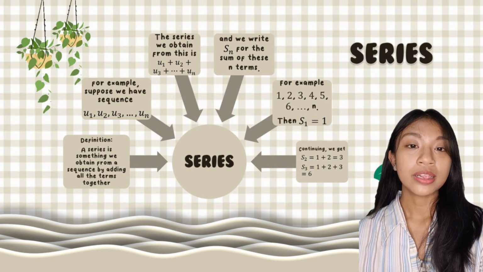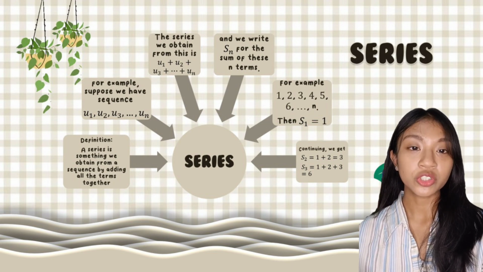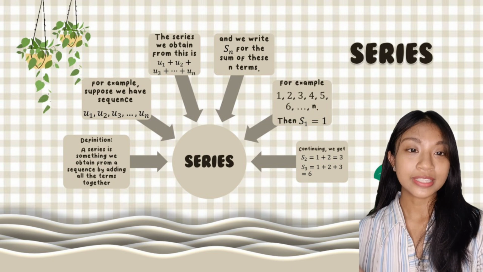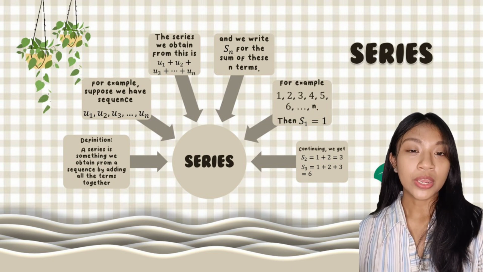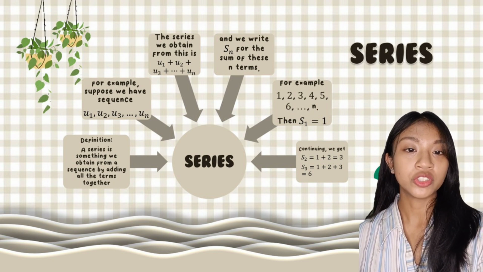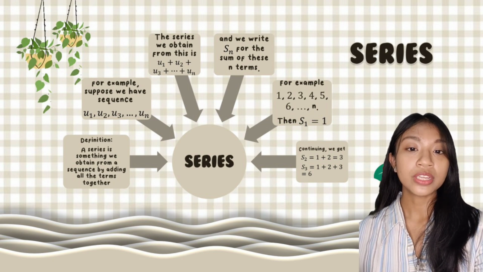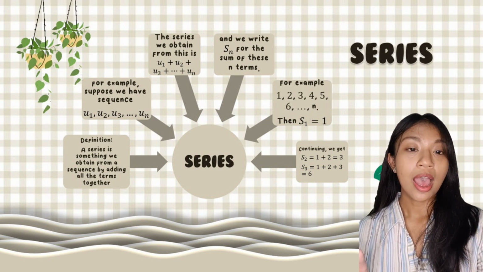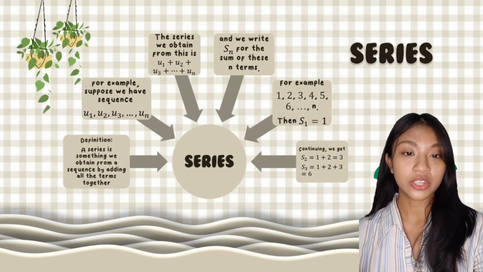For example, let us consider the sequence of numbers 1, 2, 3, 4, 5, 6, and so forth up to n. Then S1 equals 1, as it is the sum of just the first term on its own. The sum of the first two terms is S2 equals 1 plus 2 equals 3.